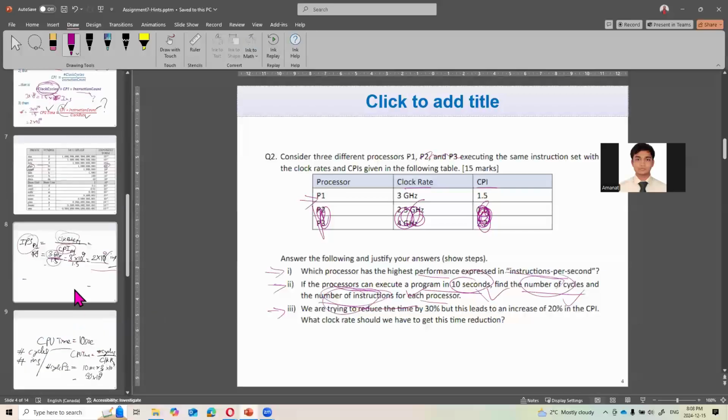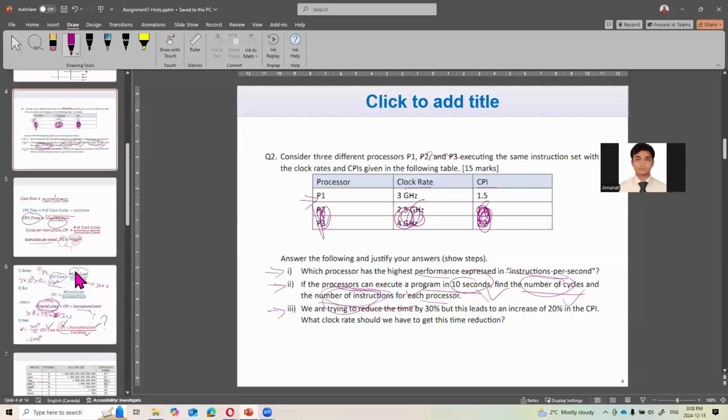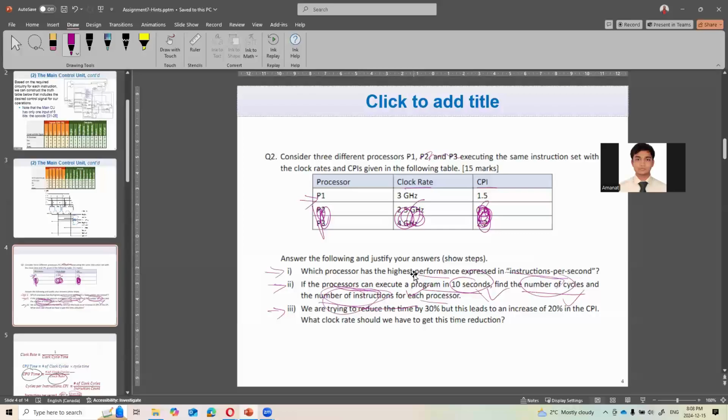Okay, so last question. We're trying to reduce time by 30%, and this leads to an increase of CPI by 20%. So reduce time by 30%.